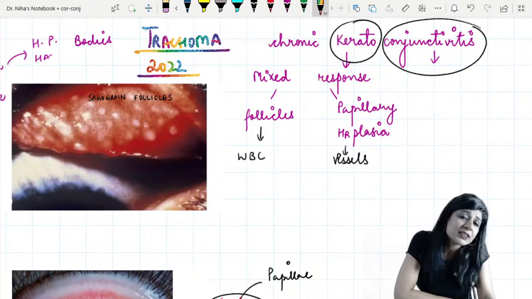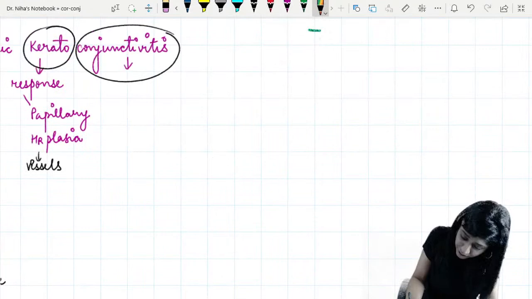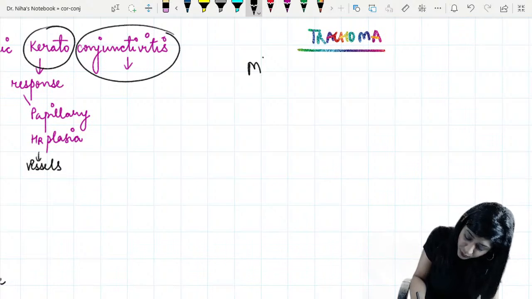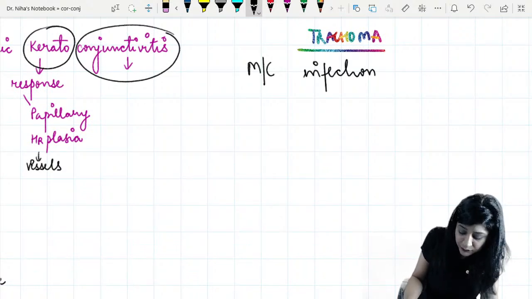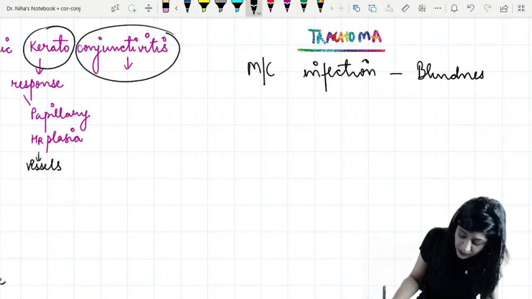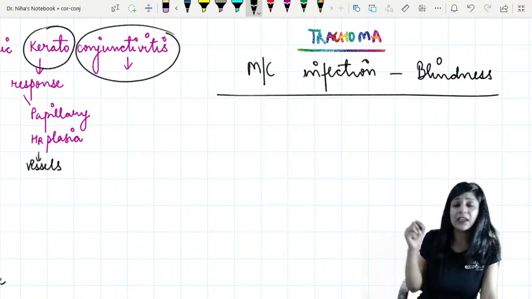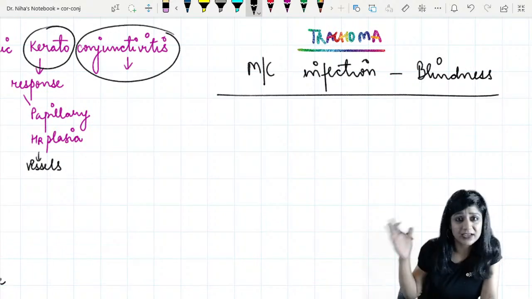Now, why is trachoma so important? Because it is the most common infection in India which is causing blindness. We are covering the images along with the questions that have been asked and that can be asked.